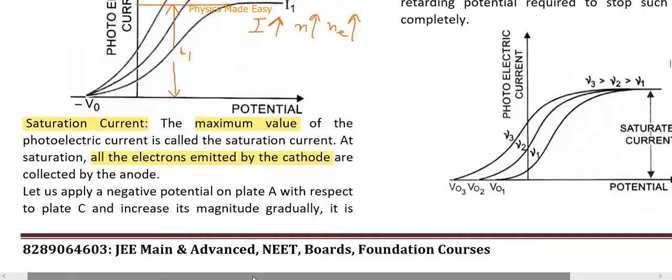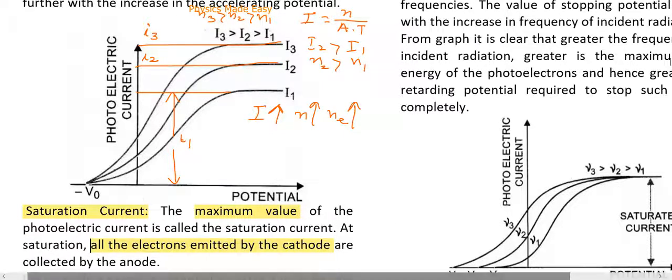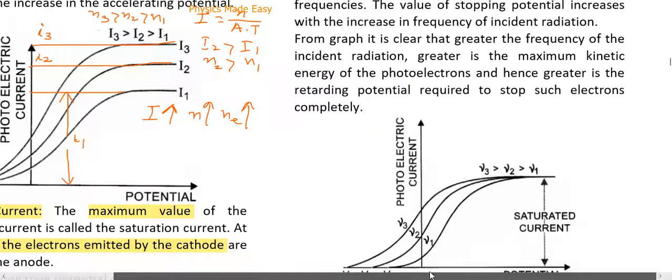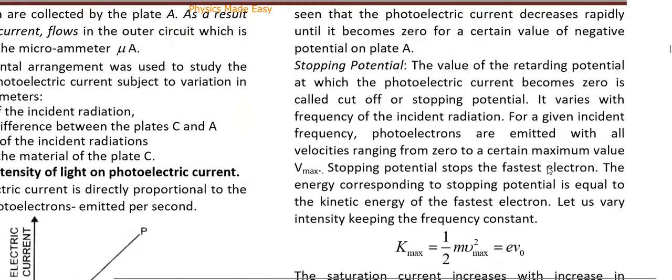Now, if we apply negative potential, when we make the value of V negative like this, the photocurrent decreases. It becomes zero at a particular value known as stopping potential. Stopping potential is the minimum value of potential difference between cathode and anode at which the value of photocurrent becomes zero.